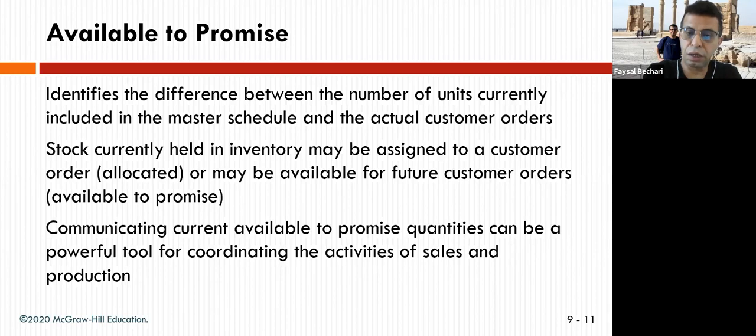Stock currently held in inventory may be allocated to a customer order, or may be available for a future customer order: available to promise. So you say you have 10 units and a customer comes and wants 7 units; you tell them, okay, you can promise these 7 to the customer.